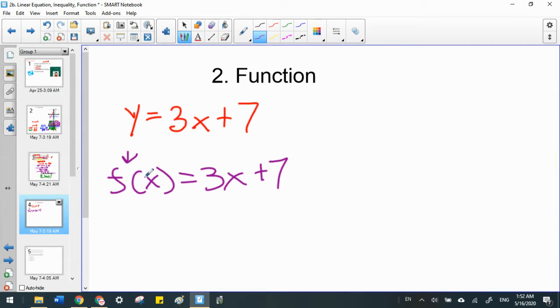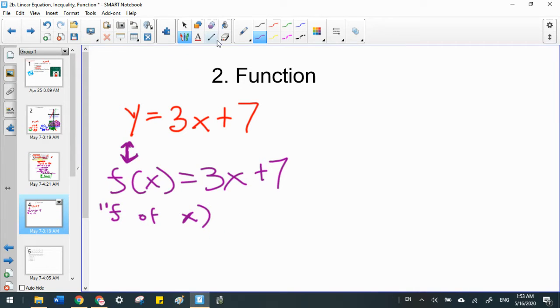So you can think of f(x) as a big fancy way of saying y. When you read this right here, you don't call this fx, you would call this f of x.